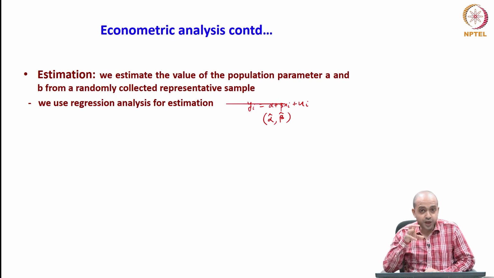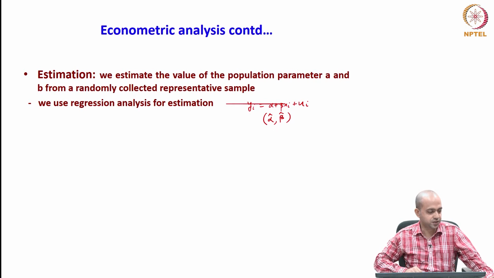So, we are going to collect the sample randomly. Why is this so? Without random sampling, we cannot proceed to the remaining steps of our econometric analysis that we will discuss later. So, for the time being, we have to keep in mind that we will collect a random sample from the population for our estimation, and the estimation we will do by the regression technique, regression analysis.